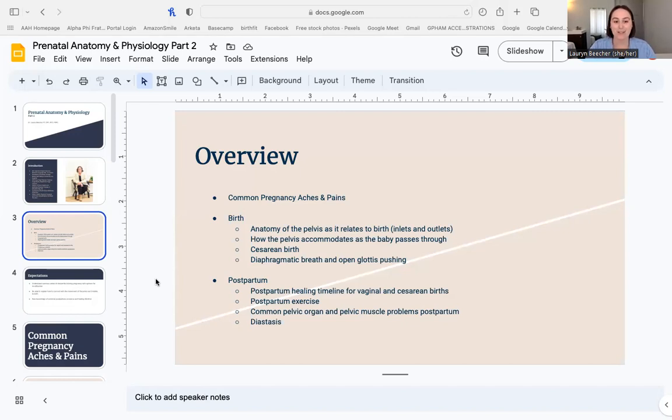I felt like that was a little bit outside the scope of this course, or at least my section of it here, and talk a little bit about how we can use some of the common yoga postures and movements to build some awareness in the body as it relates to feeling how the pelvis moves, and also how the pelvis needs to open and close and shift for vaginal birth.